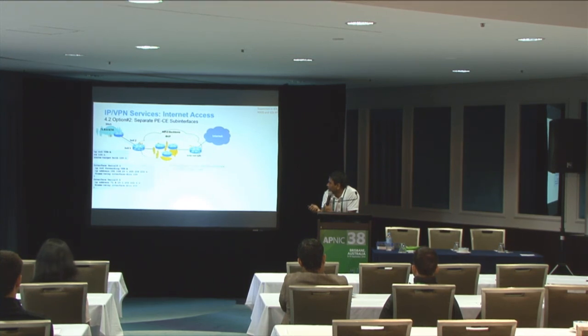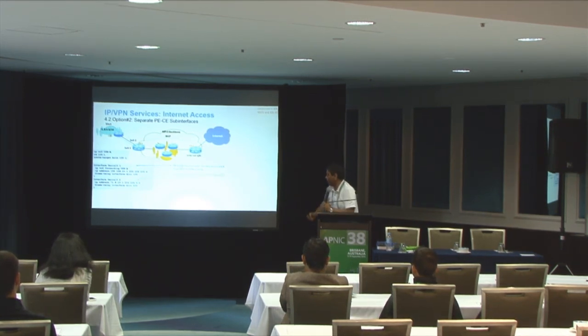The second option is to have a separate sub-interface for internet and a separate sub-interface for VPN. So from the customer side, we have, for example, SE0/2, that is pointing to the internet, and SE0.1, that is pointing to the VPN, right?